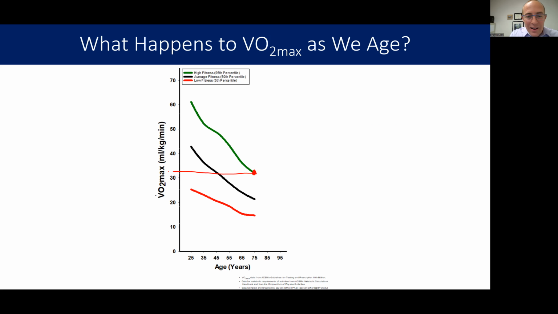That is well above the VO2 max of your lowest fit 25-year-olds. So this 75-year-old is going to be able to walk around, climb stairs, and jog a lot faster than some of your very unfit 25-year-olds. So it's super important to maintain fitness.